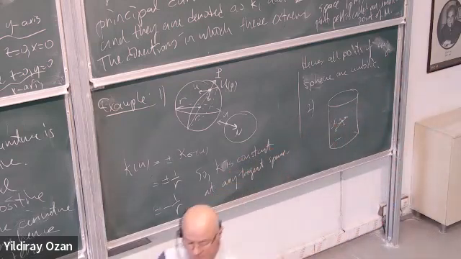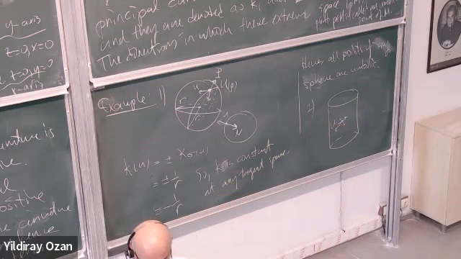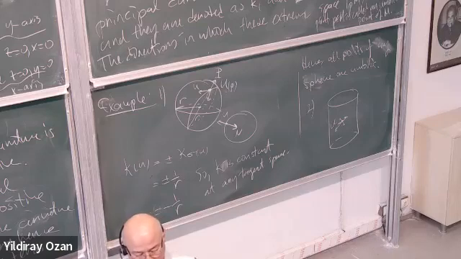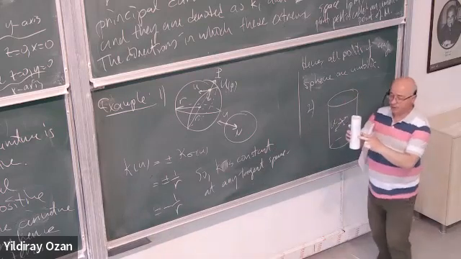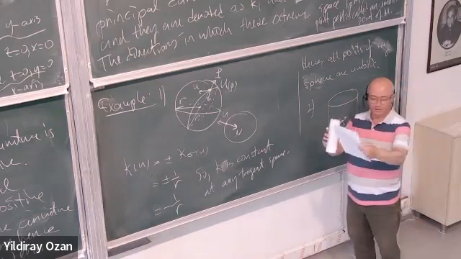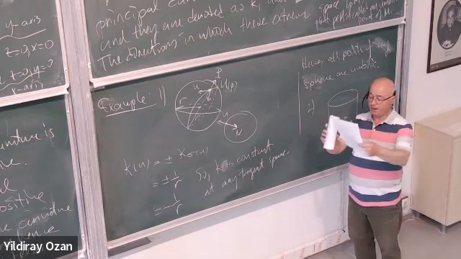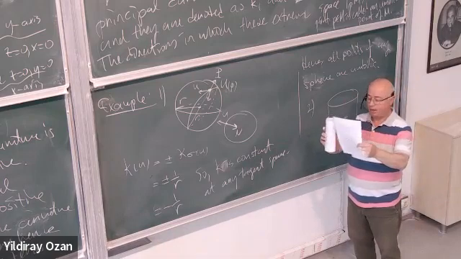So what happens is this. This is my cylinder, and here is the point. And I cut this cylinder with a plane. I can rotate this plane in any direction I want.